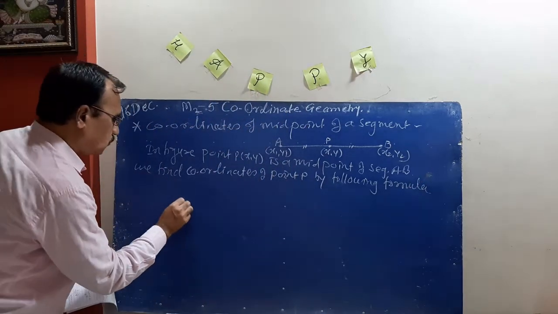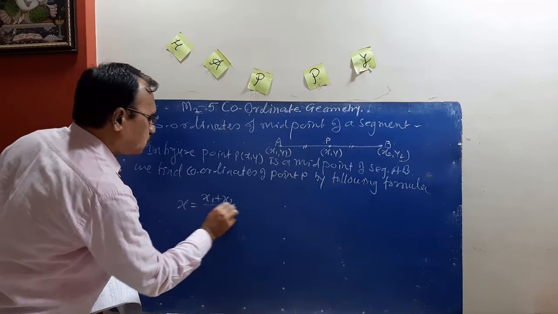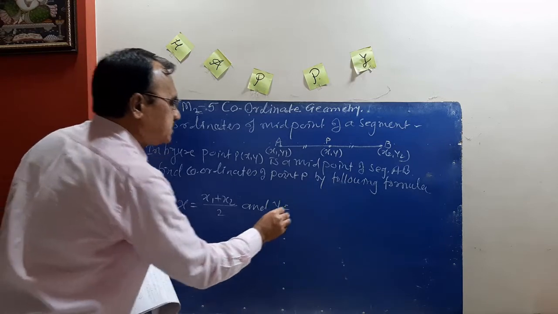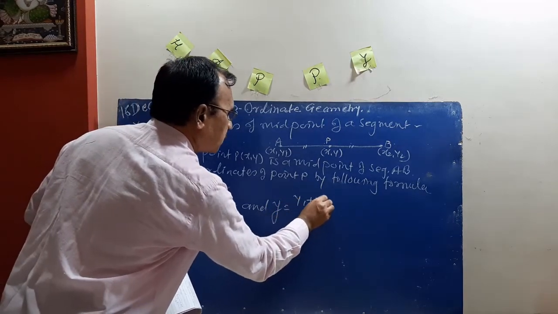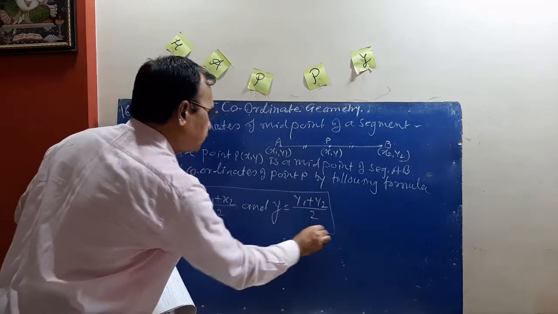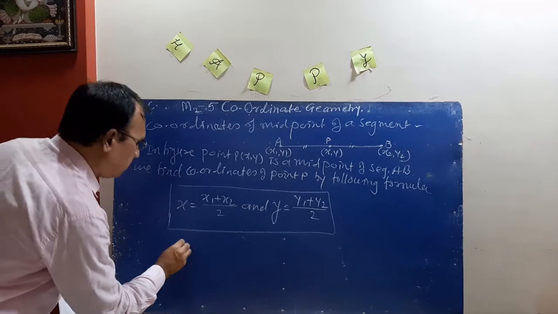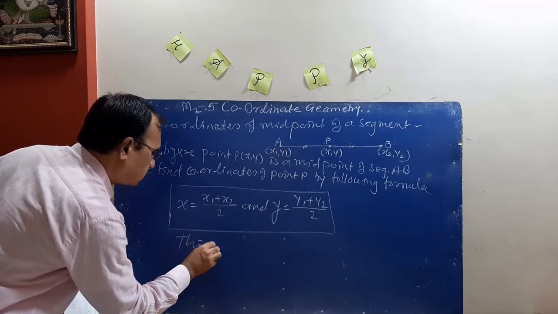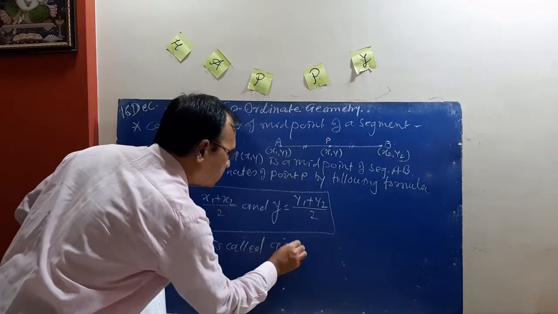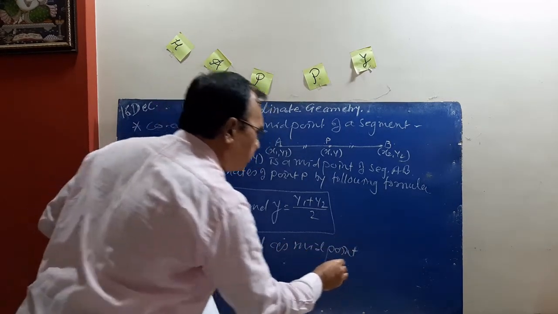X is equal to x1 plus x2 divided by 2, and y is equal to y1 plus y2 divided by 2. If this formula is in a box, it is called the midpoint formula.